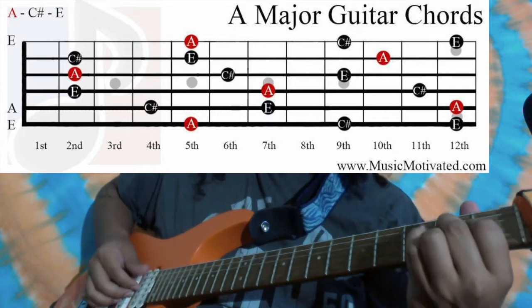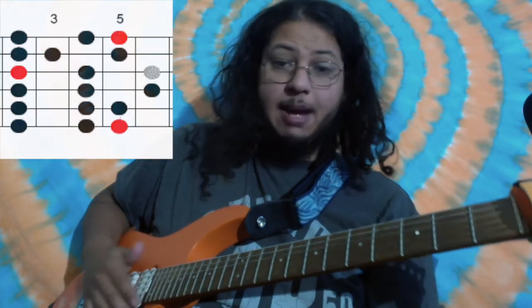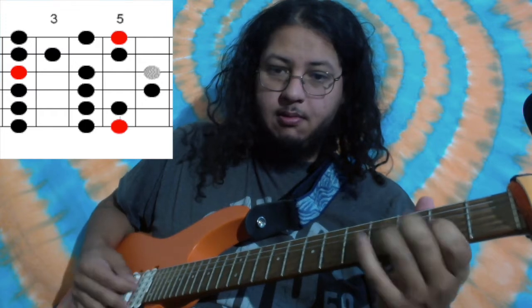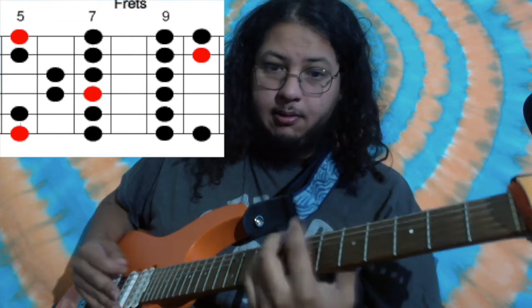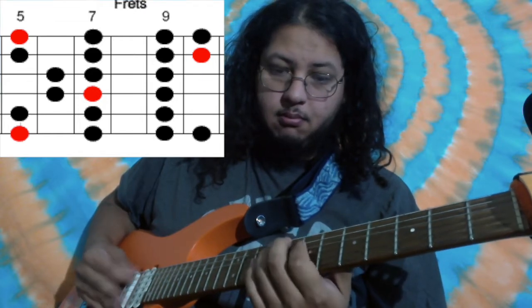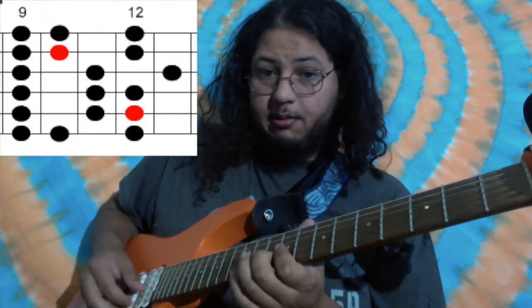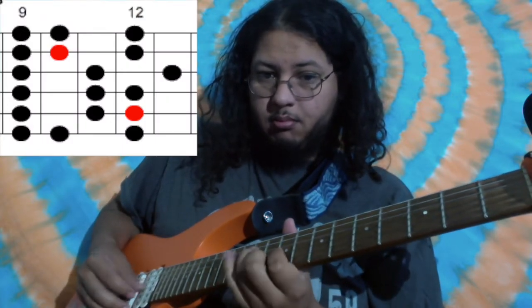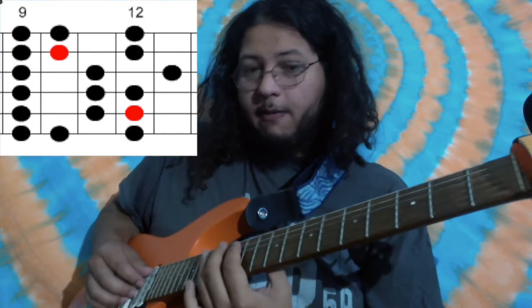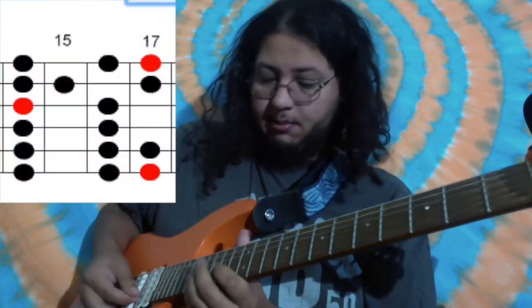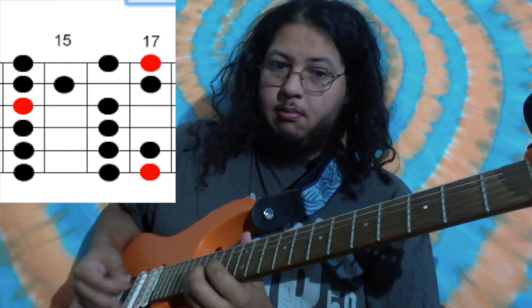So once again, A. My major scale is, if I'm playing A here, playing A here, or finally, back here again. Now this is going to involve a bit of memorization, or you could just kind of fiddle around.